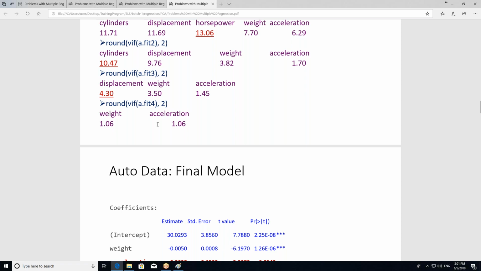Okay, so what I'll do is I will go ahead and build a model removing all those variables which were creating problems for me.